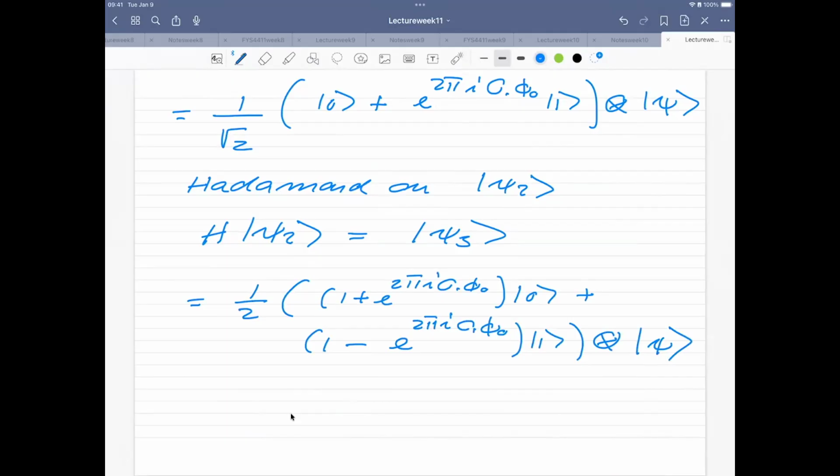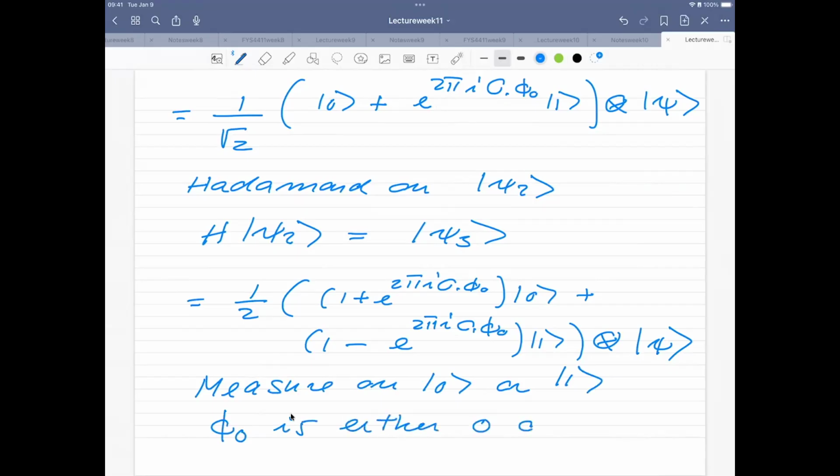What I do next, if I now perform a measurement on qubit 0 or qubit 1, so I measure on 0 or 1, then phi 0 is either 0 or 1. So what happens then is the following.